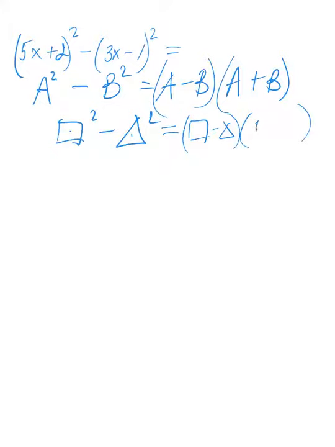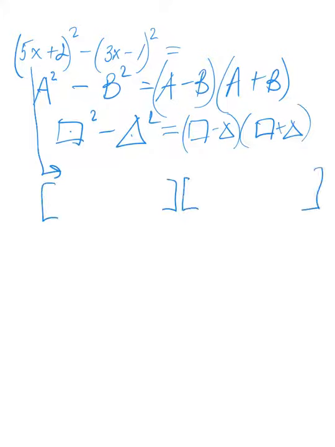This and this, and this and that. That's what we mean by structure. So imagine now this binomial inside of this square, this binomial inside of this square. So what we need to do is break this into a product of two binomials.